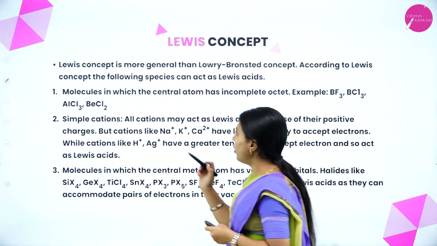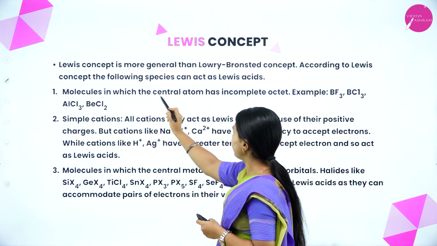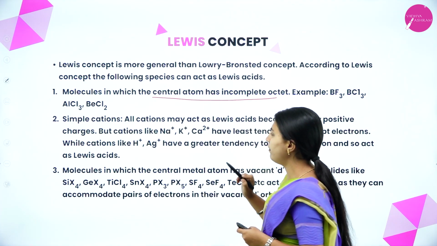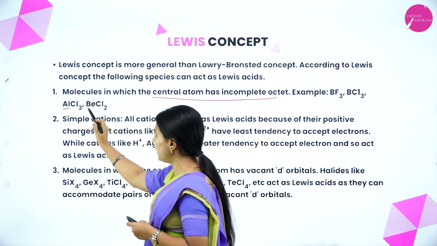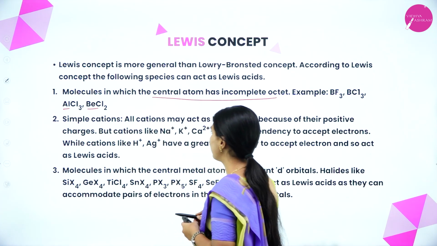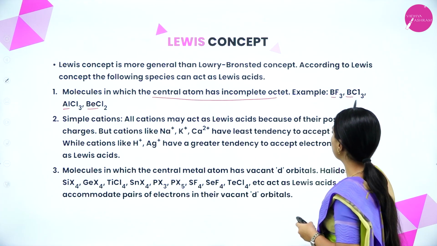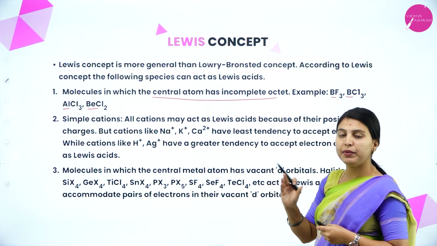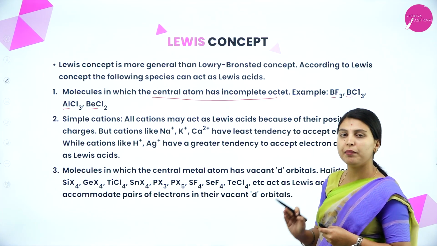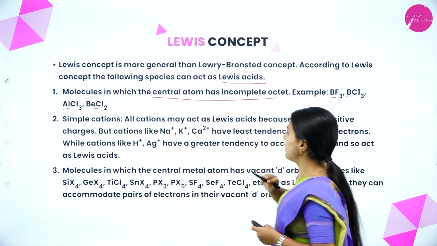Molecules in which the central atom has an incomplete octet. See here, aluminium, incomplete octet, beryllium also incomplete octet, here boron, here also boron. The central atom should not have the complete octet configuration. Those will act as Lewis acids.